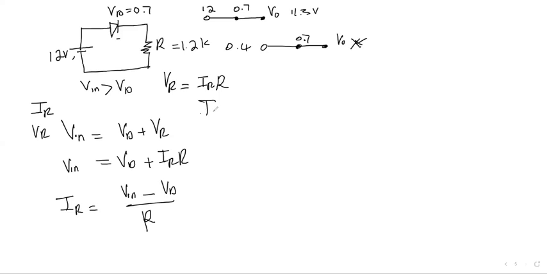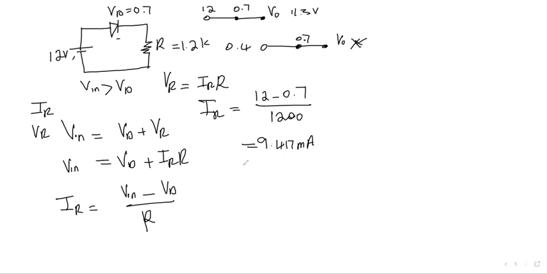So now let's find the current. Current is equal to 12 minus 0.7 over 1.2. What is the current? 12 minus 0.7 over 1.2 is 9.417 milliamperes.